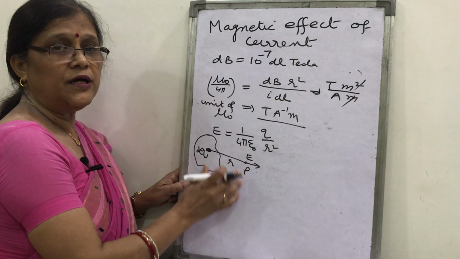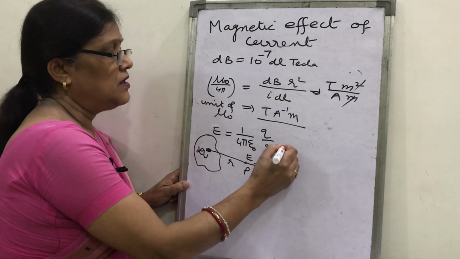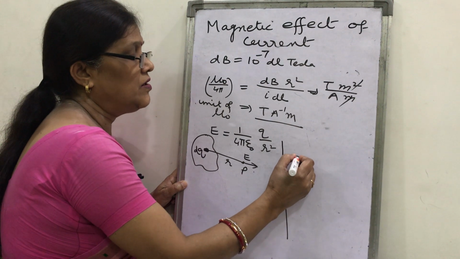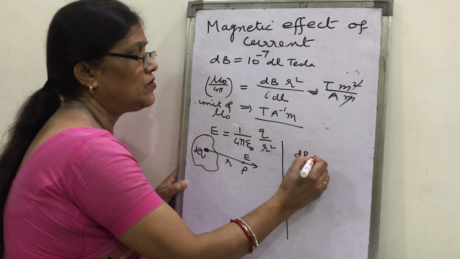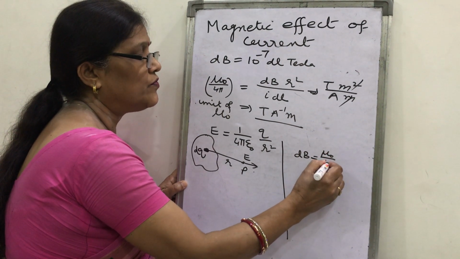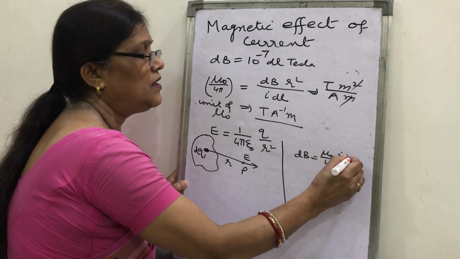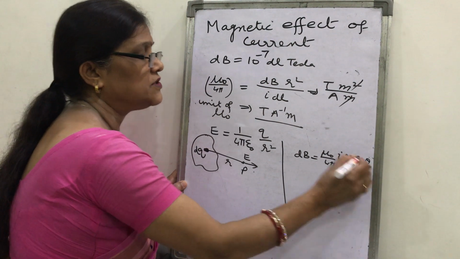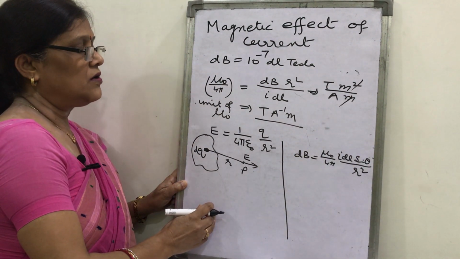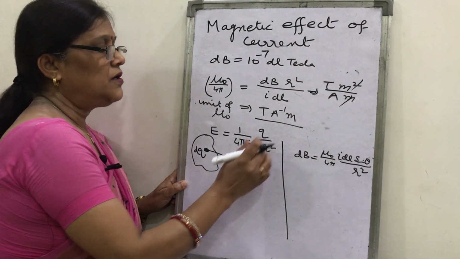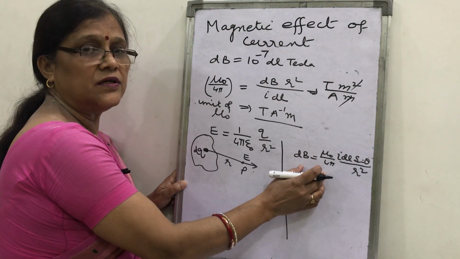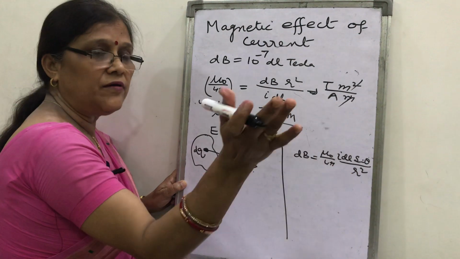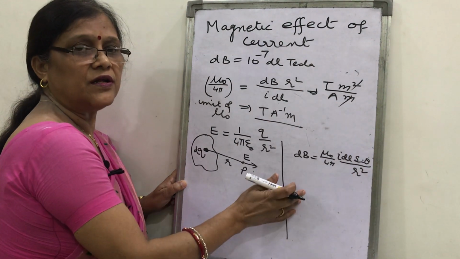What about the magnetic field? If we compare, in the Biot-Savart law we got mu naught upon 4 pi I dl sin theta upon r square. Here the magnetic field is in the plane perpendicular to dl and r.